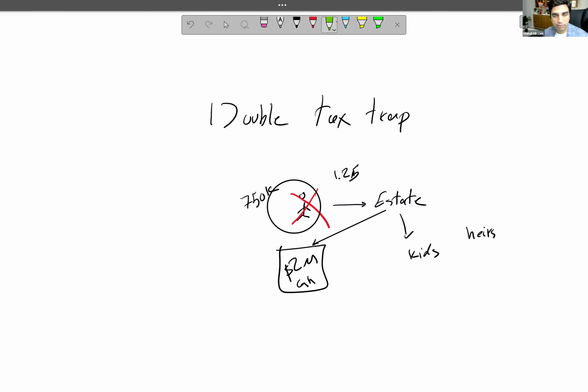Now they own that corporation, so they have to pay themselves dividends. Make sense? So they have to pay dividend tax as well. They paid the capital gain tax here and a dividend tax here. So you see, this money is taxed twice. So that's why it's called double tax trap.